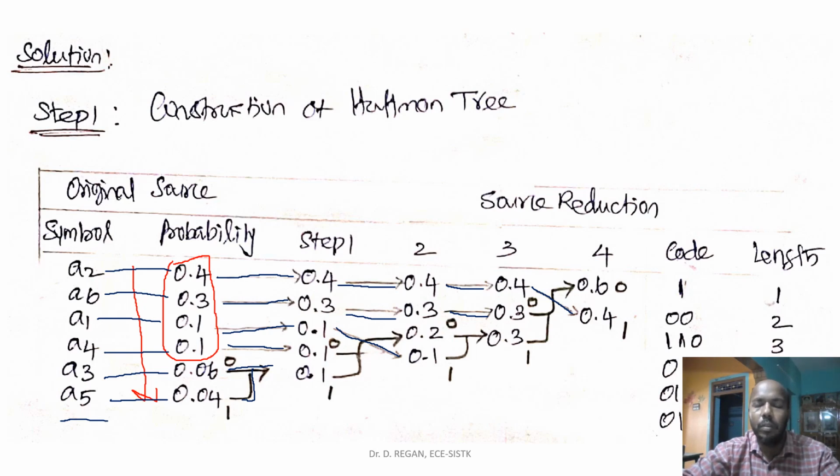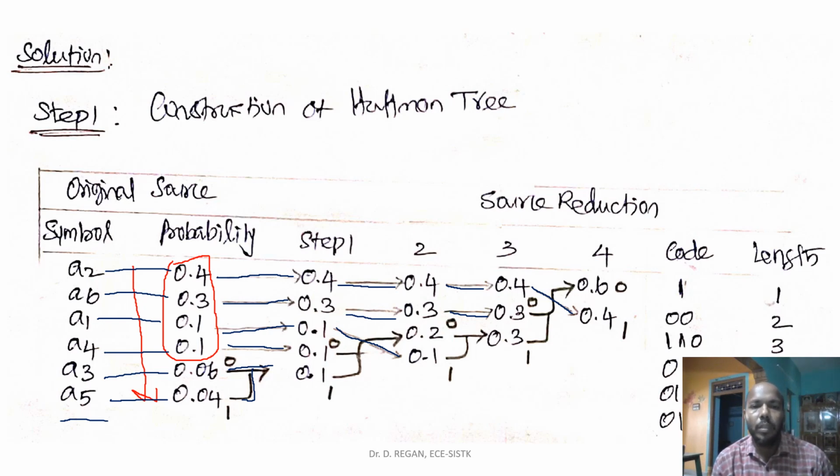0.6 is the compound symbol, and 0.4 is the A2 symbol probability value. Then you can see that from A2 I just trace here, and then I assign 0 and 1. So half of the coding process is over.